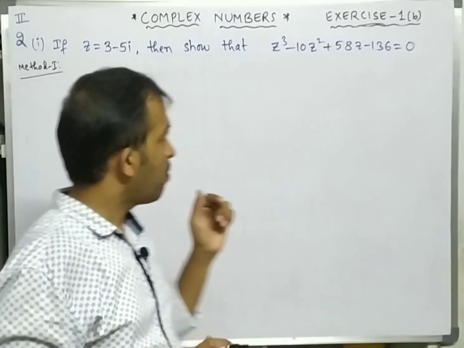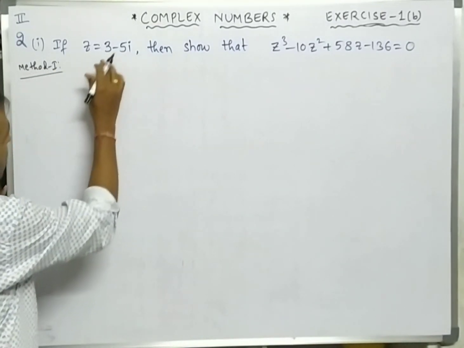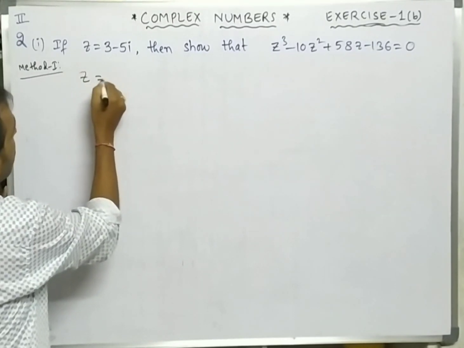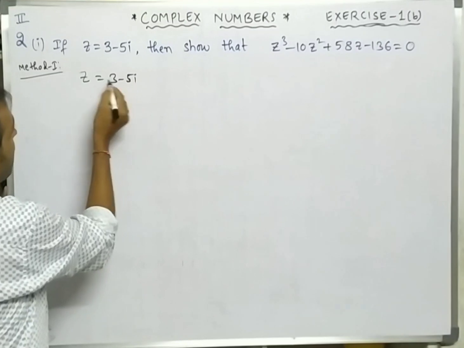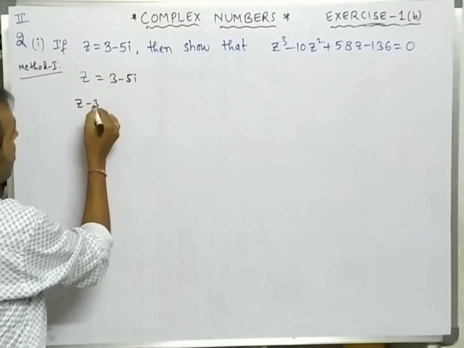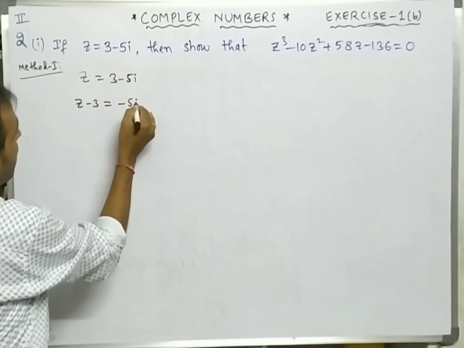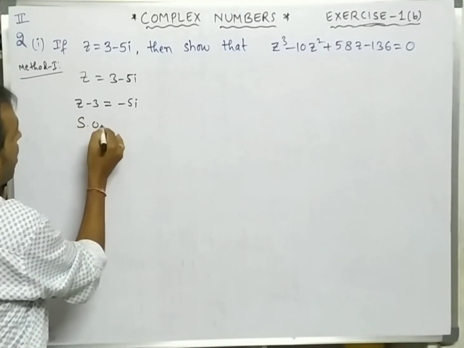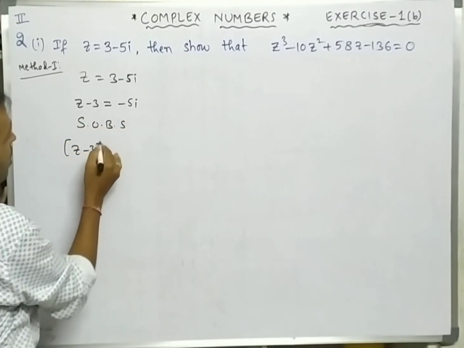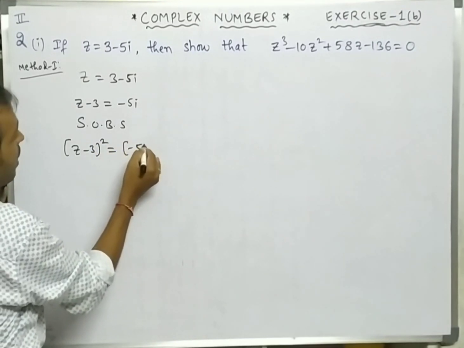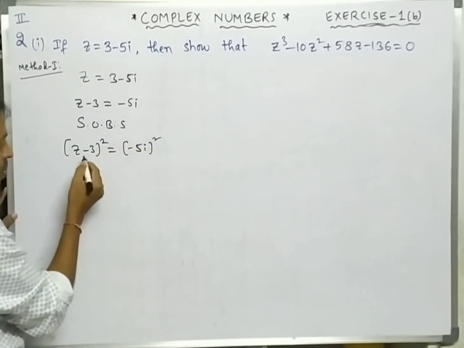One is by taking z is equal to 3 minus 5i, bring 3 to the left hand side, then z minus 3 is equal to minus 5i. Then squaring on both sides, you will get z minus 3 whole square is equal to minus 5i whole square.